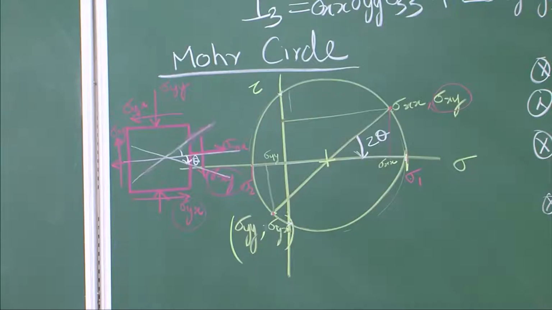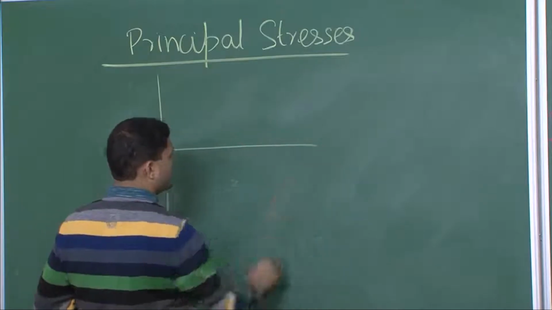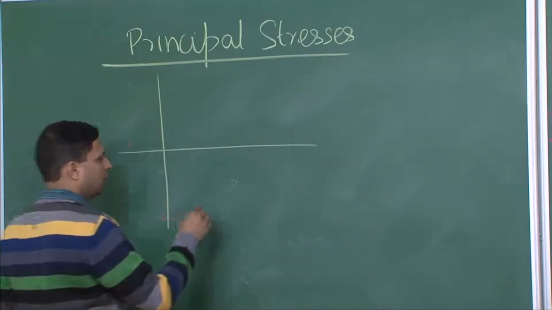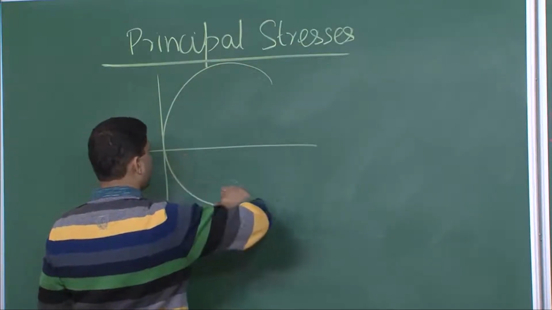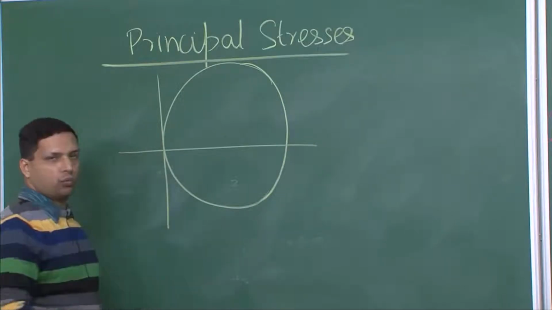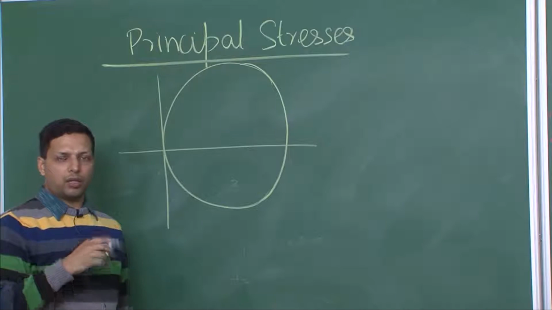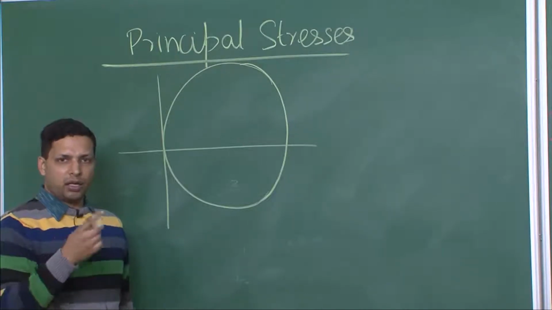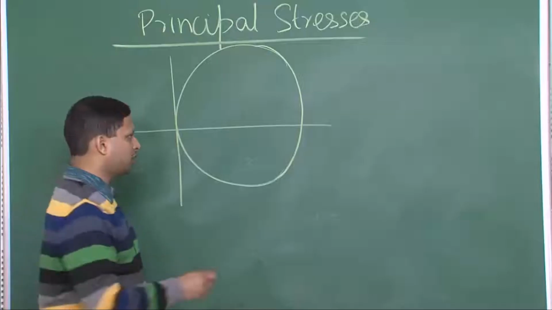If we were to look at such a condition, it is nothing but a simple tensile or compressive behavior. So, a Mohr circle which represents just one principal stress, where to begin with, in the normal element we have only one principal stress.